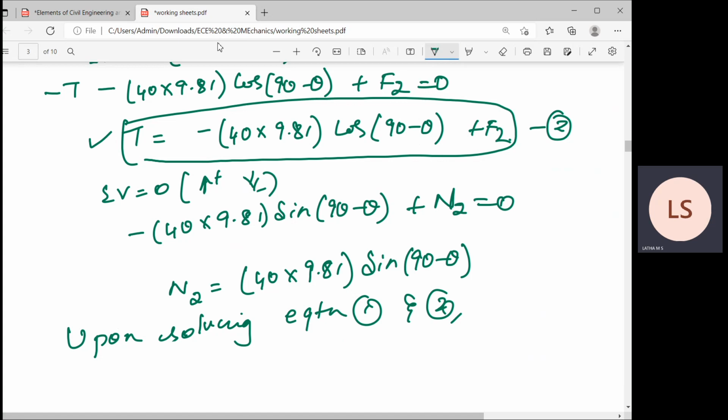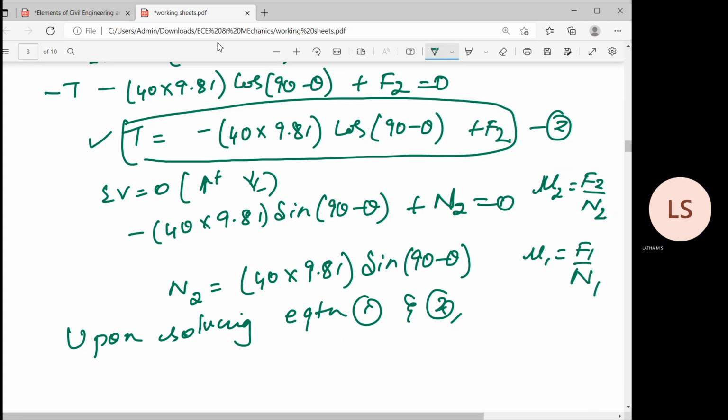F2 I'll be substituting in terms of mu, which I'll be knowing. What is F2? How do you relate? Mu2 is equal to F2 by N2 and mu1 is equal to F1 by N1. Upon substituting the values, we calculate and we get theta is equal to 14 degrees.